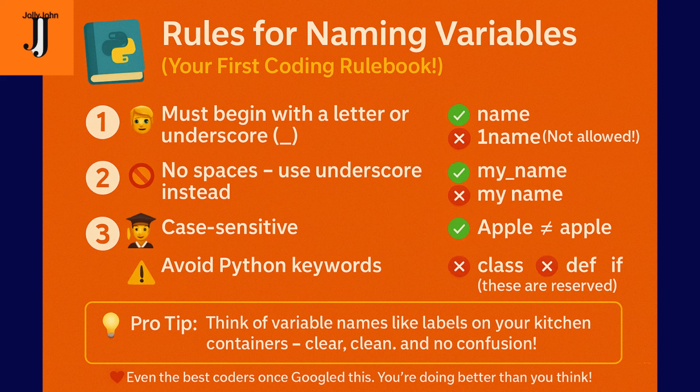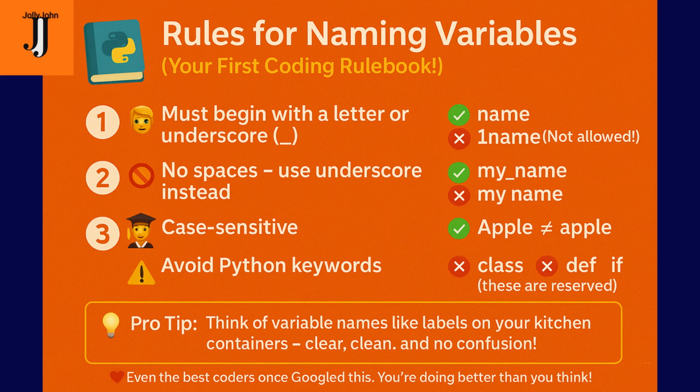Now let's try to understand the rules of naming variables, your first coding rule book. Maintain some important points in a book separately so that you can refer to them easily. Okay, let's start. A variable name must begin with a letter or underscore. It should not start with a digit.